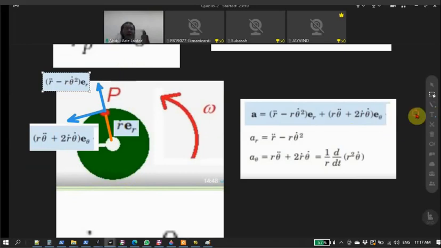And the coordinate that we use is measured from this horizontal line up to the r. So this is the notation. Anywhere that you go, this will be the orientation.